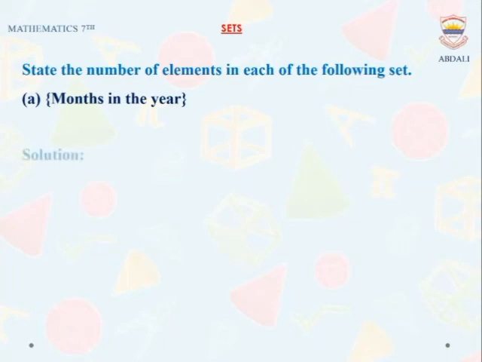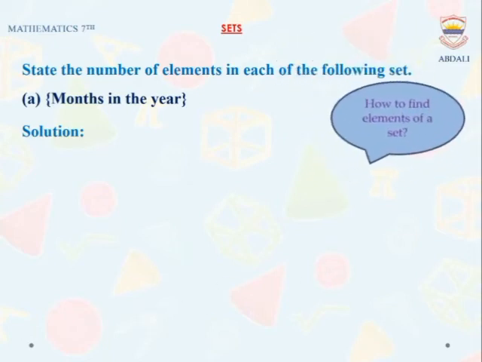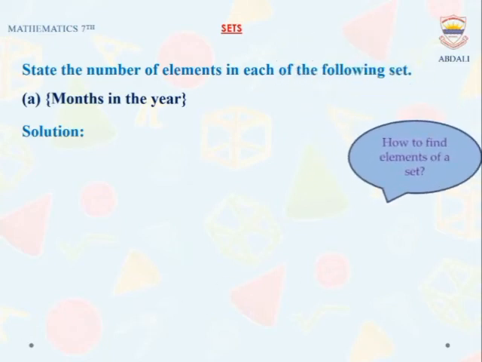Yes, we will think about its solution, and suddenly a question will arise in your mind: how to find elements of a set? So class, to find elements of any set, firstly we have to see what the set is, and after that we have to count all its objects, and that will be the answer of our number of elements, number of objects of the set.